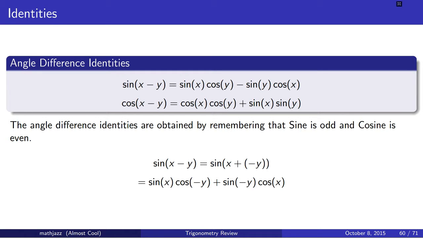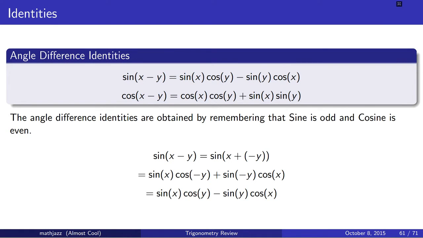And since sine is an odd function, sine of negative y equals negative sine of y. So we can swap this positive sine of negative y for a negative sine of positive y. Now we do that, and notice now we have the angle difference identity for sine.